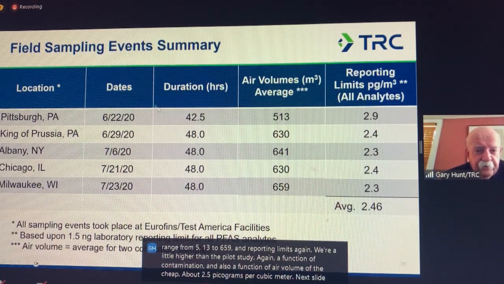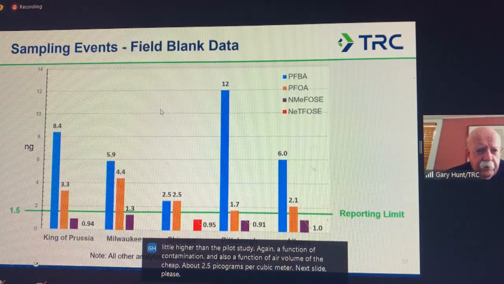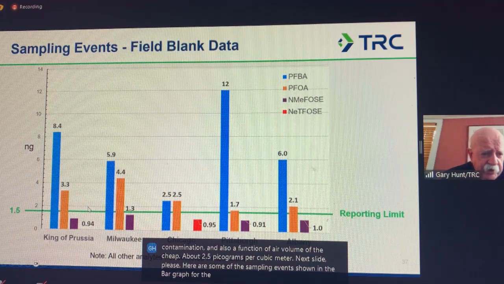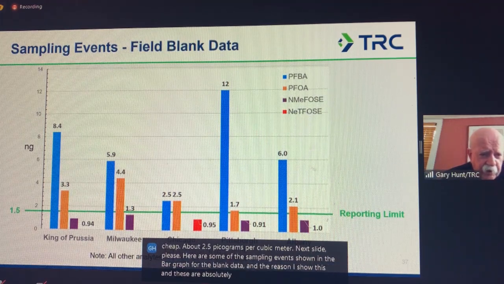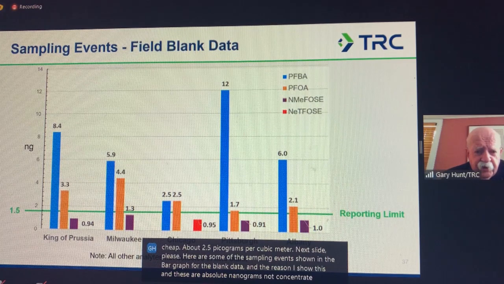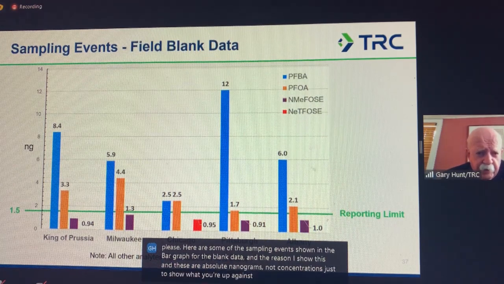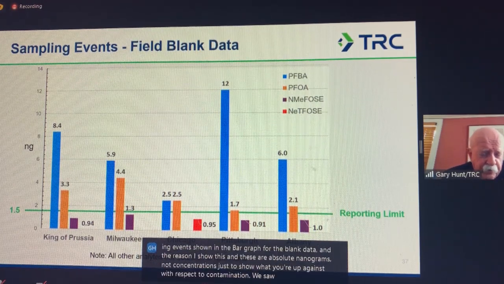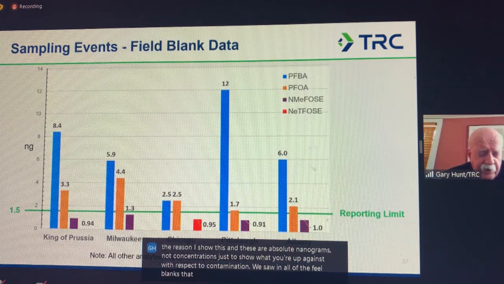Next slide, please. Here are some of the sampling events shown on the bar graph for the blank data. The reason I show this, and these are absolute nanograms, not concentrations, is to show what you're up against with respect to contamination. We saw in all of the field blanks at each of the sites that they were contaminated to some extent.